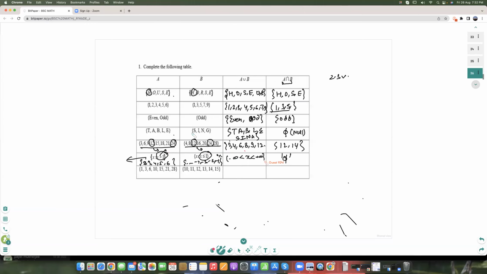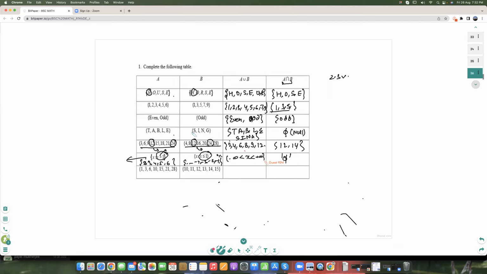Okay, next one. The intersection is 10 and 15. They are the unique ones. So only 10 and 15 are common there.